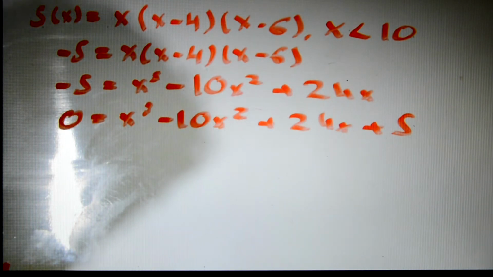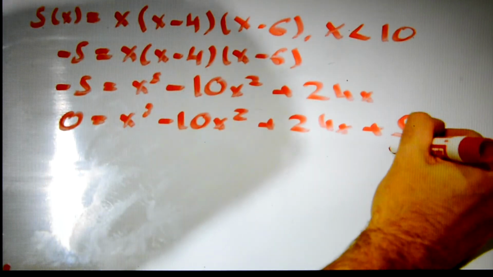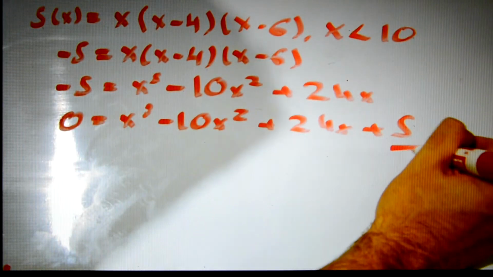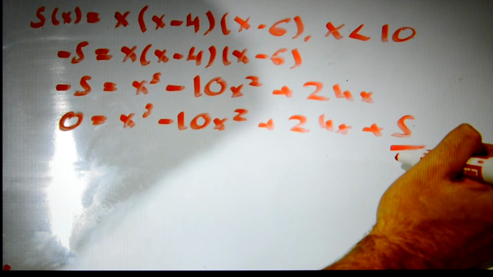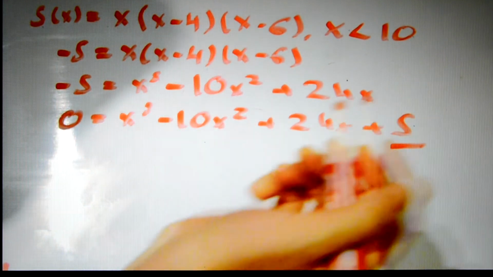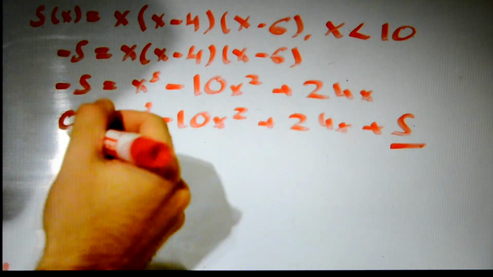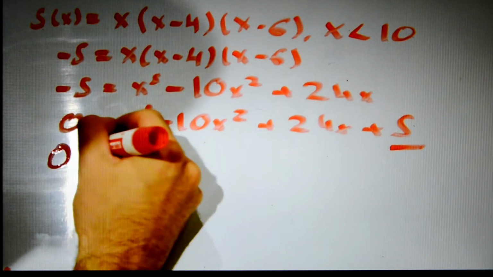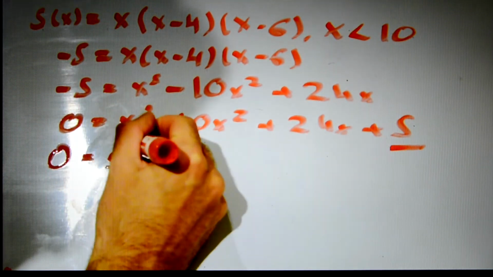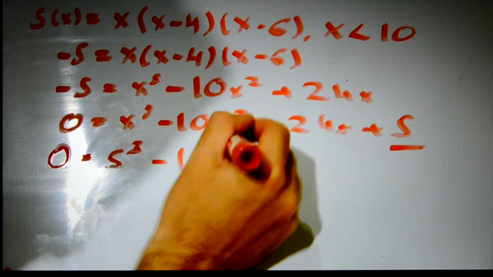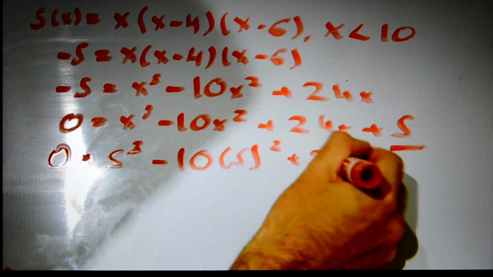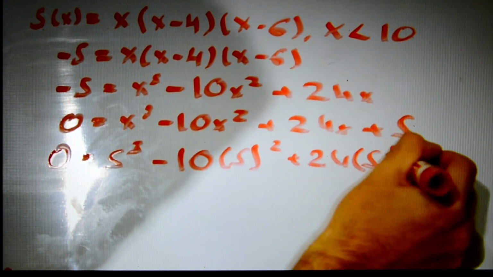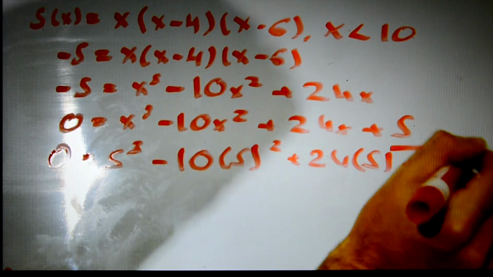To solve for the roots, we must first look at the constant of the equation. With this, we could use its factors and guess and check to figure out what the first root of this equation would be. So let's start off with 5. Let's say 0 equals 5 cubed minus 10 times 5 squared plus 24 times 5 plus 5.